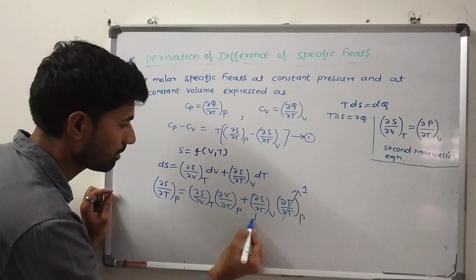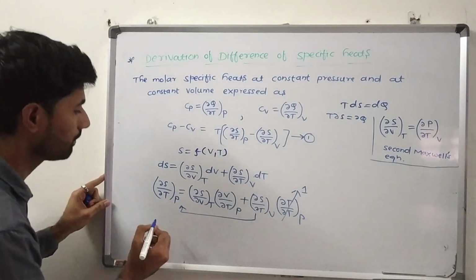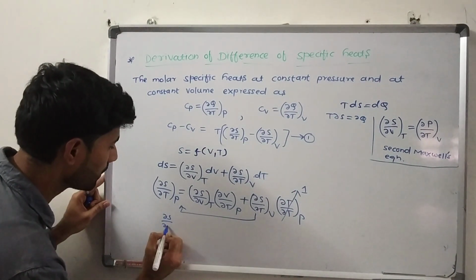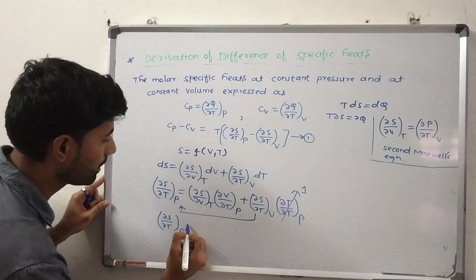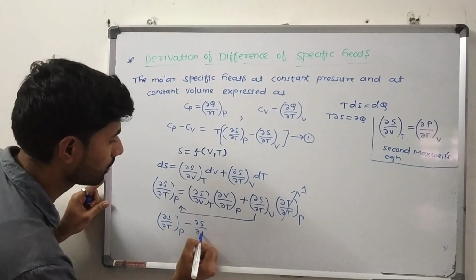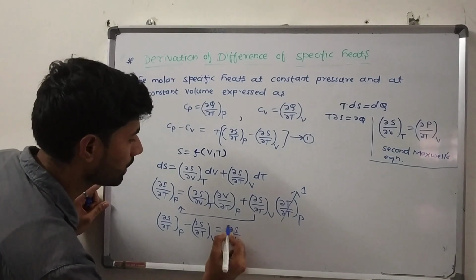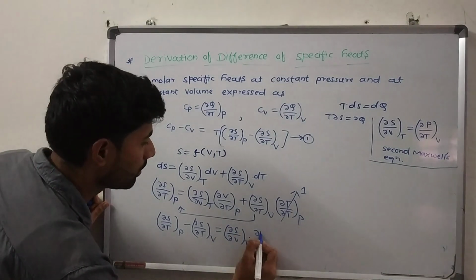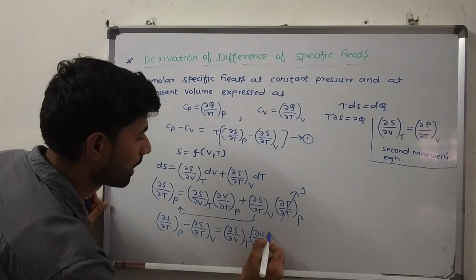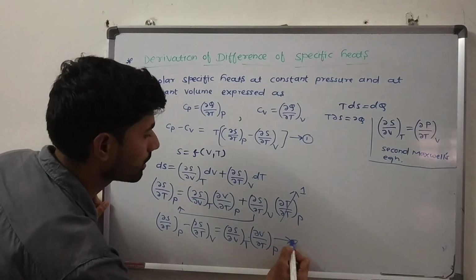Taking this term to the left hand side, we can write ∂S/∂T at pressure P minus ∂S/∂T at volume V equals ∂S/∂V at temperature T into ∂V/∂T at pressure P. Let this be equation number 2.